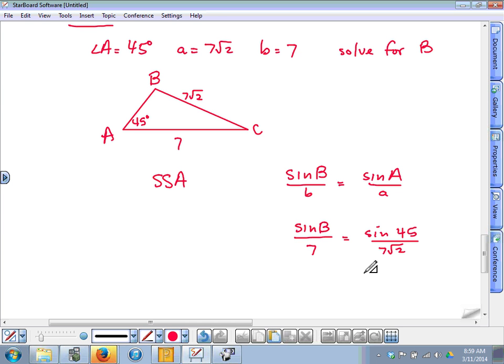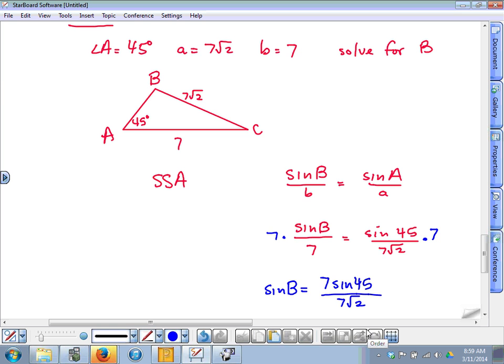Now how do we solve for b? There's actually two things we need to do here. Multiply by 7 on both sides. So sine of B is equal to 7 times the sine of 45 over 7 square root of 2.